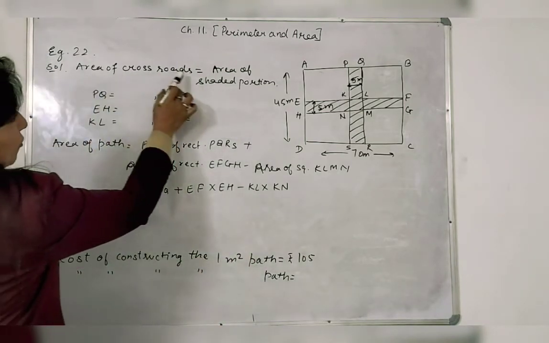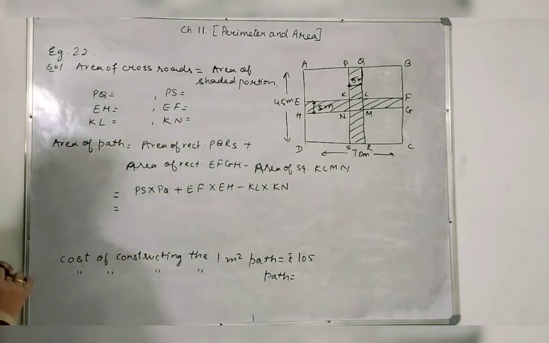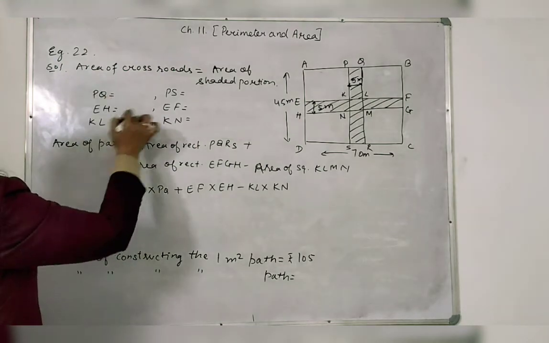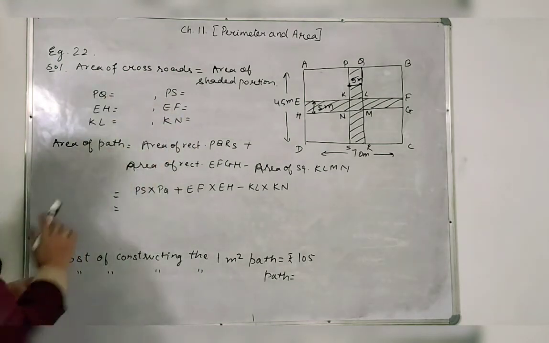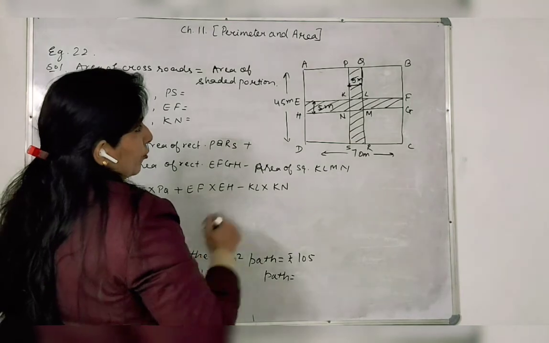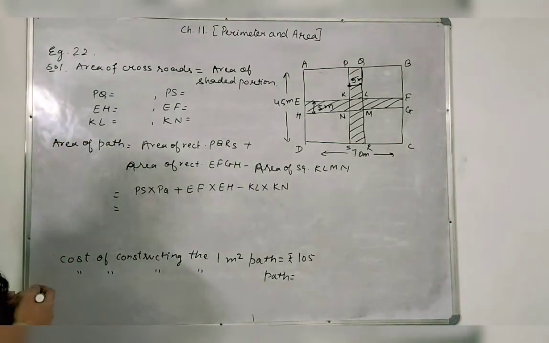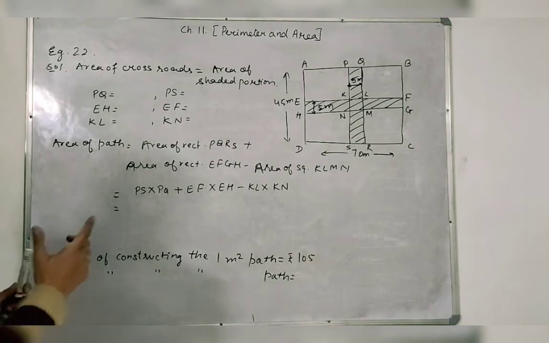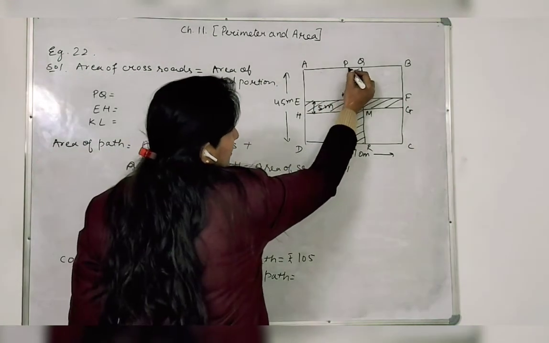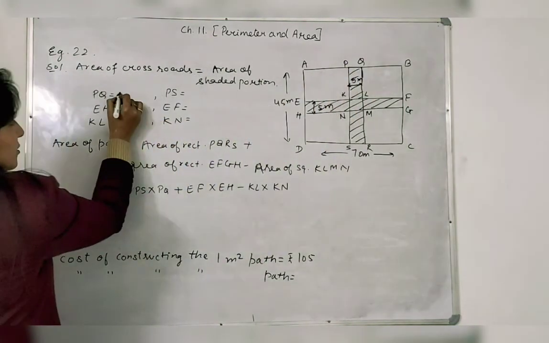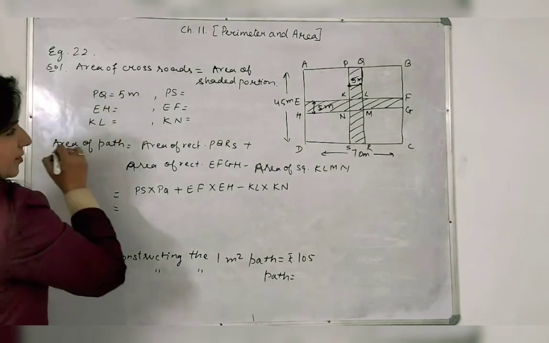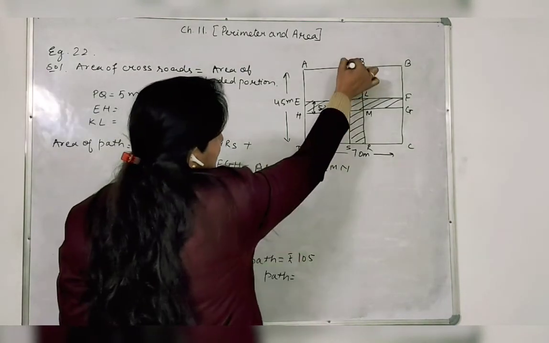So area of crossroads equals area of shaded portion. Let us find out what we require to calculate the area of both the rectangles. First of all, we should have the length of PQ. PQ is just this width which is given, 5 meter. And what is PS?